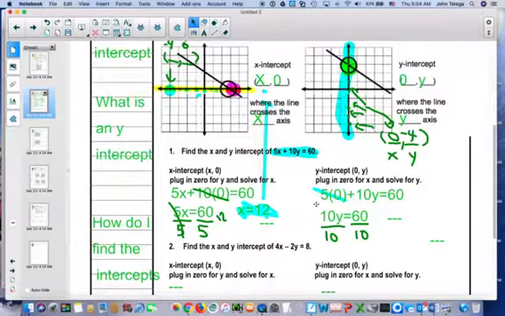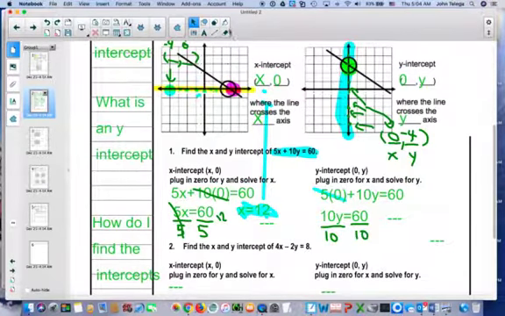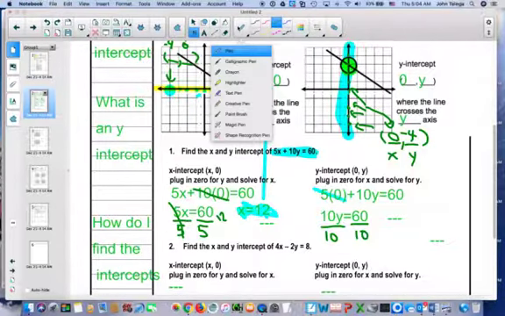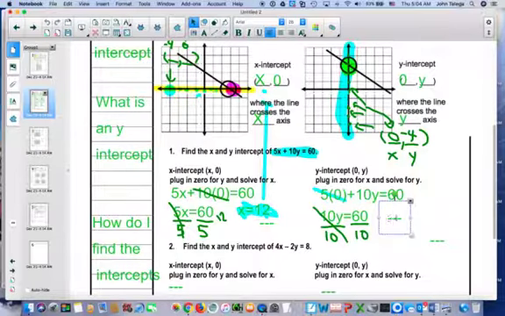That means this cancels. Whoa. So yeah, this piece cancels. Right? And that gives me just y equals 6, because 60 divided by 10 is 6.